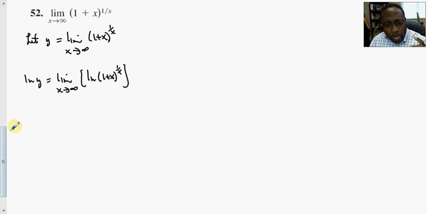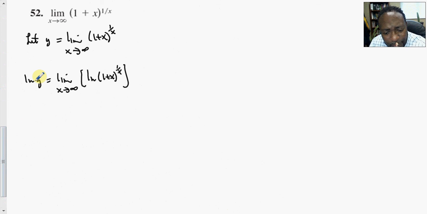Always as you go, check to make sure that it is applicable to apply L'Hopital's rule. And the only way that you know that it's applicable is that the rational expression is indeed indeterminate.